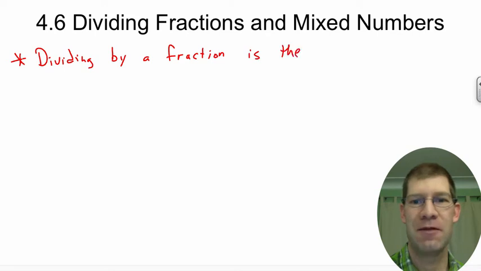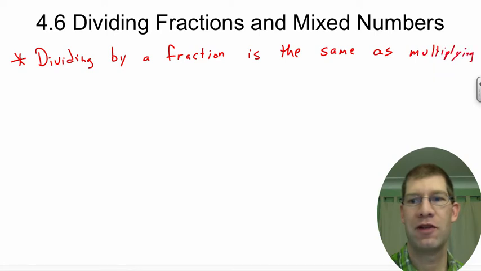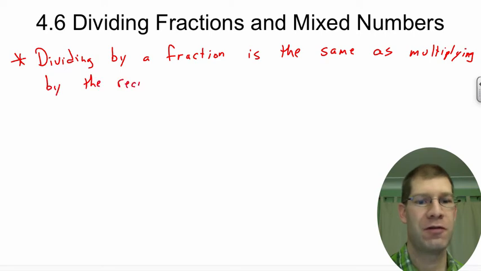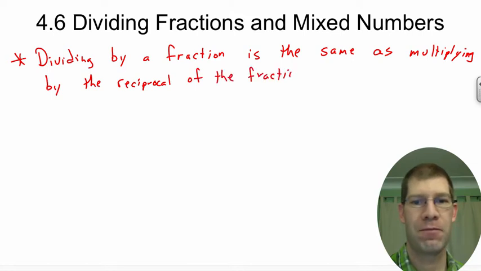Which is nice because multiplying is our easier one rather than addition or subtraction. In other words, if we're doing one fraction divided by another fraction, we're only doing the reciprocal of that second fraction, the one in the denominator, so to speak.